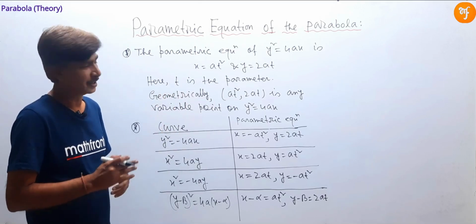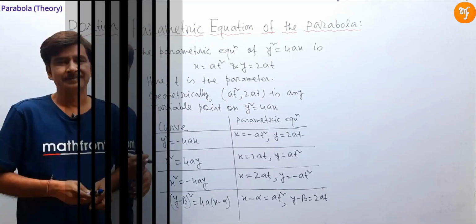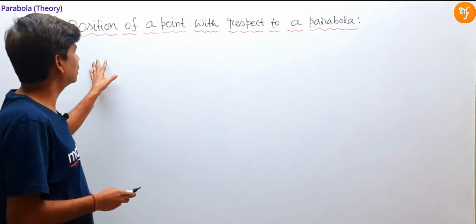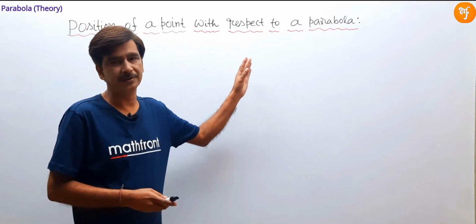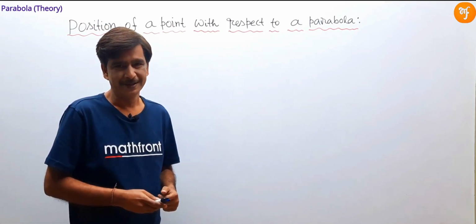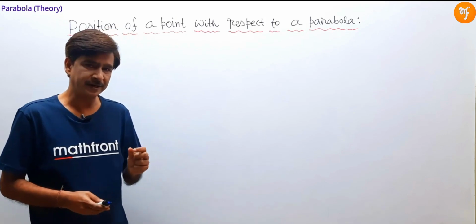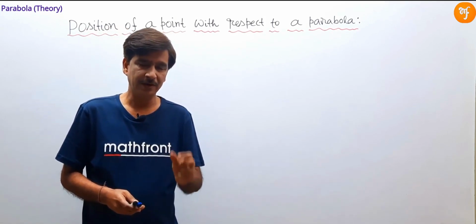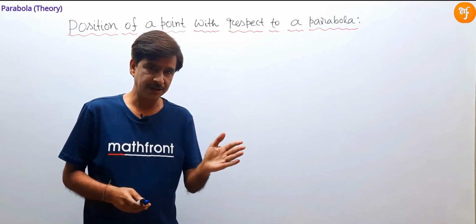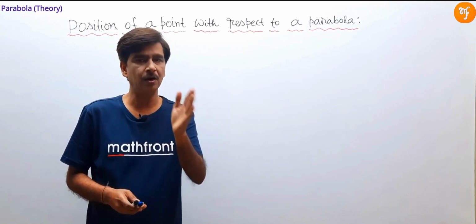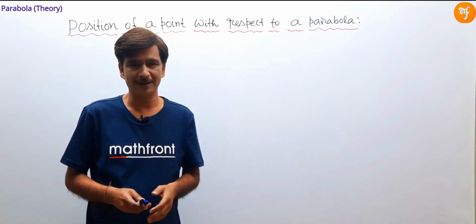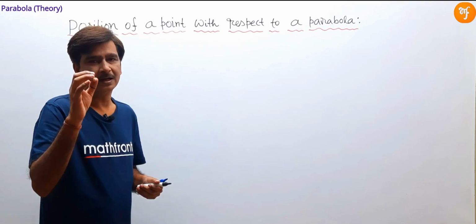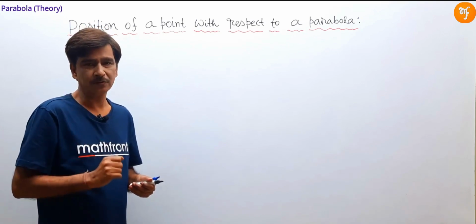Okay, clear? Now come to the next concept. So friends, now we are discussing the position of a point with respect to a given parabola. That is, if the given point is P whose coordinate is x1, y1, whether it lies outside or on the parabola or inside the given parabola. So for example, the given parabola is y square is equal to 4ax.